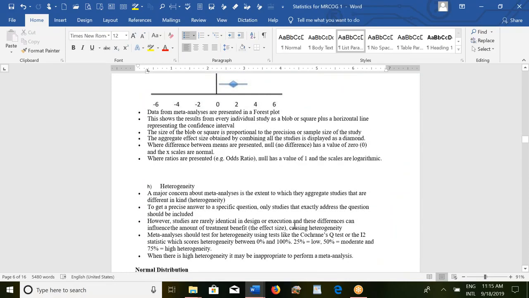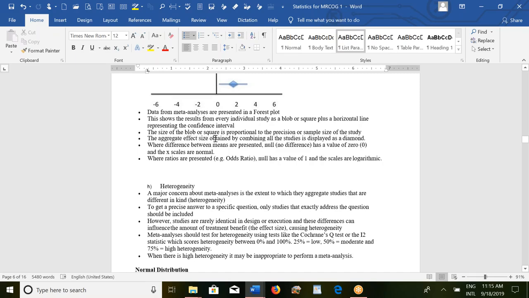So we were talking about the forest plot, and we said that data from the meta-analysis are presented in a forest plot, and it shows the results from every individual study as a blob or square plus a horizontal line representing the confidence interval. And the narrower the confidence interval, the more reliable the finding.